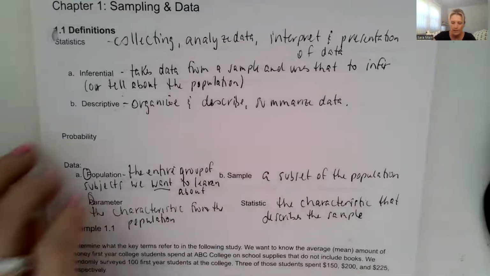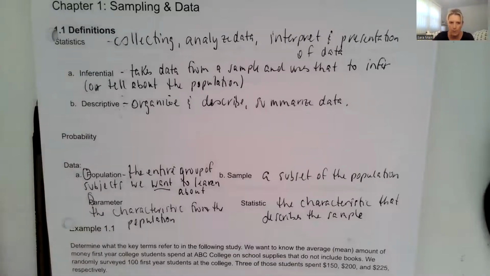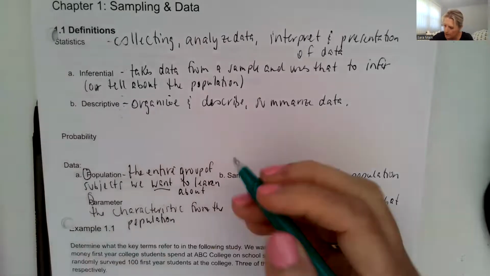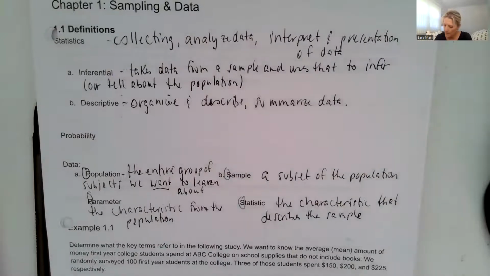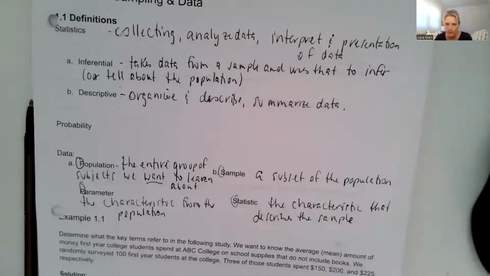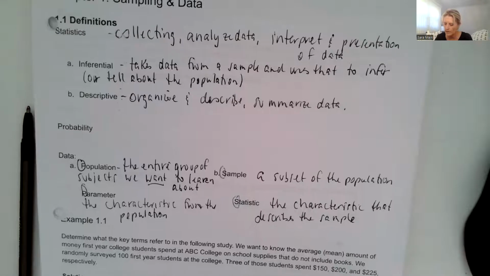So the cool thing is, like I said, P goes with P: parameter goes with population, and the statistic goes with the sample, okay? And we're going to look at two different types of parameters and statistics this semester. I'm kind of getting ahead of myself, but I'd like to introduce things as often as I can.